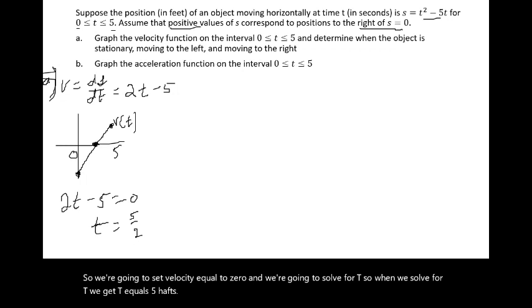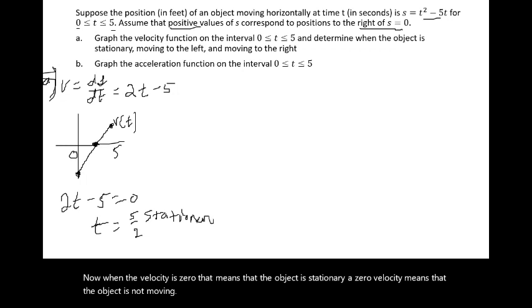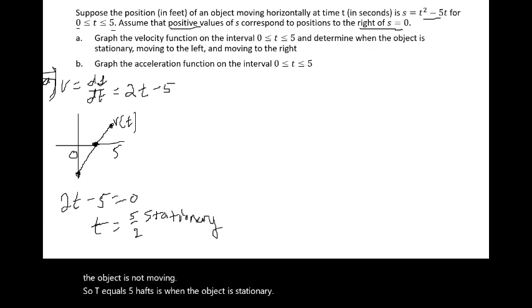A 0 velocity means that the object is not moving. So t equals 5/2 is when the object is stationary. And since this is the only point where the velocity function is equal to 0, that means that the object needs to be moving either left or right for the rest of the graph.